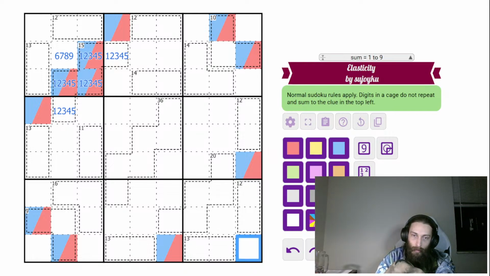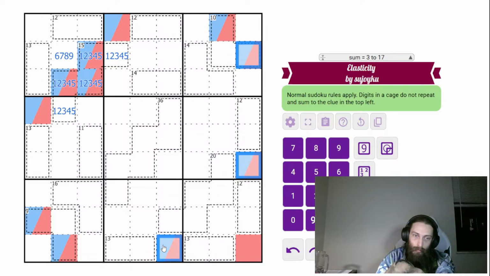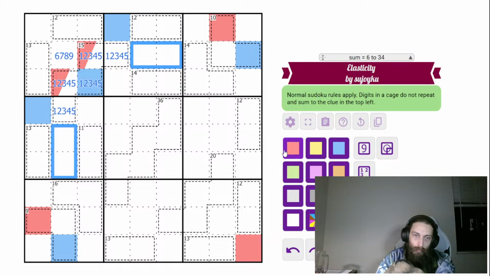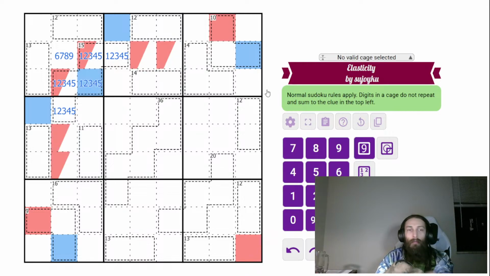Okay, well, if I made this one red and said no to those, then we get red and blue. Red's ruled out. Blue is ruled out. So red is one of those two, and something like that.